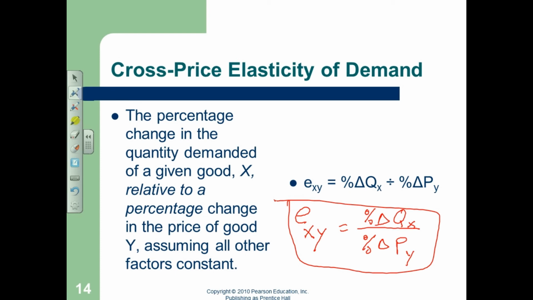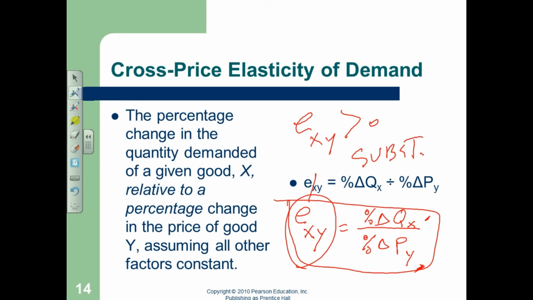So in this case, if PY goes up and QX also goes up, they move in the same direction, then this cross-price elasticity would be equal to what? A positive value. So you would conclude that if the cross-price elasticity, EXY, is positive, you're dealing with what?